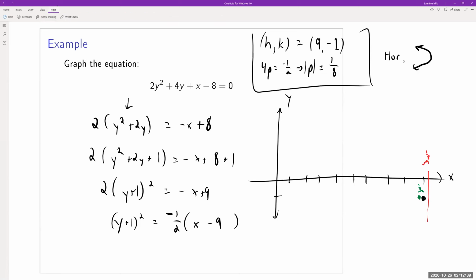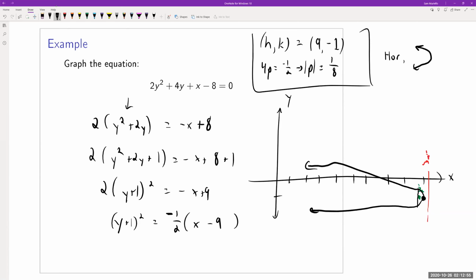This means that the latus rectum has a length of only 1/2. So the latus rectum only goes this far, giving us a much skinnier parabola than we had last time. We can label these 2 points if we would like. So this would be, it went left 1/8 and up and down 1/2. So this would end up being 8 and 7/8, so 1/8 is 0.125, so 8.875.